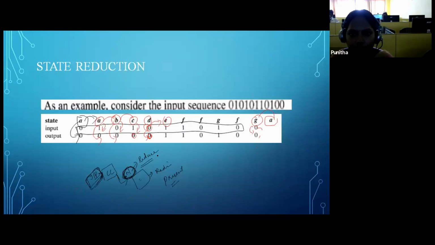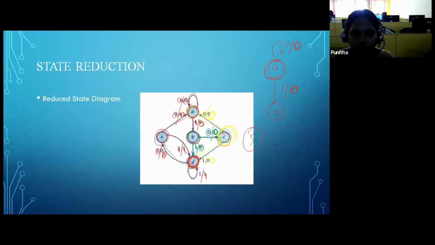After processing all those things, I have reduced the 7 states into 5 states: 1, 2, 3, 4, 5. This is the reduced state diagram.